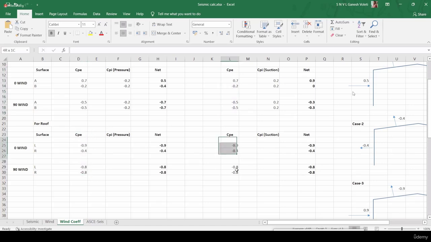What you have to change is to use the pressure case and the suction case, nothing but the signs changed, minus and plus. The same concept applies here. Minus 0.2 for the pressure case, and plus 0.2 for the suction case.